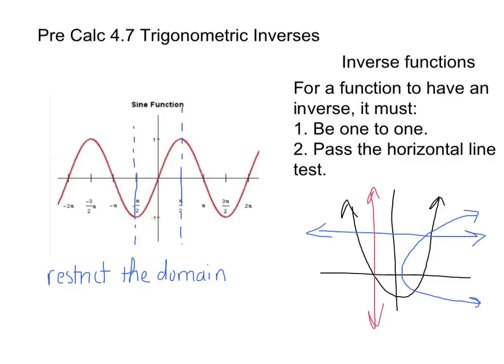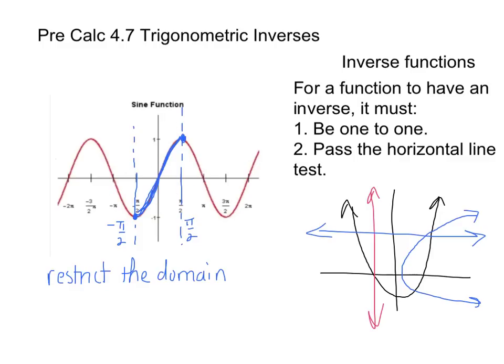origin, and we restrict the sine graph between negative pi over 2 and pi over 2, then this little piece of the sine graph passes the vertical line test, and it also passes the horizontal line test, just the blue part, right?